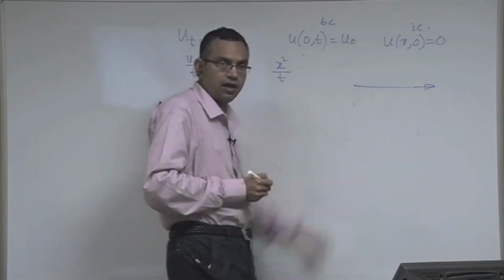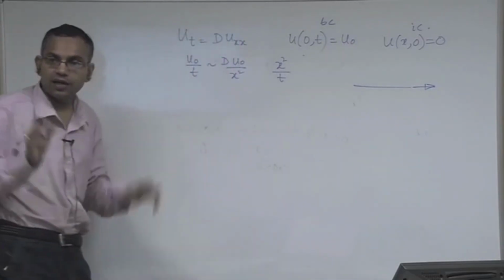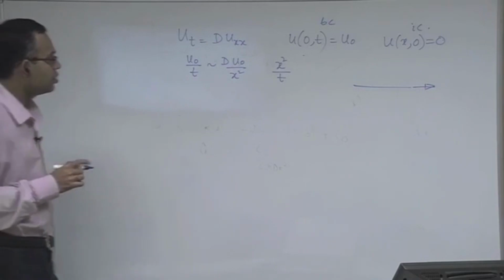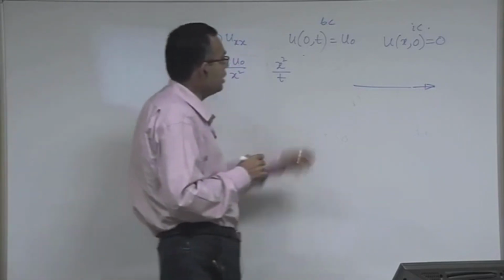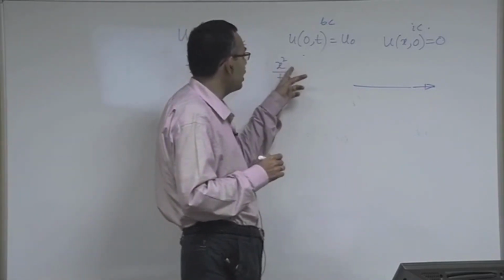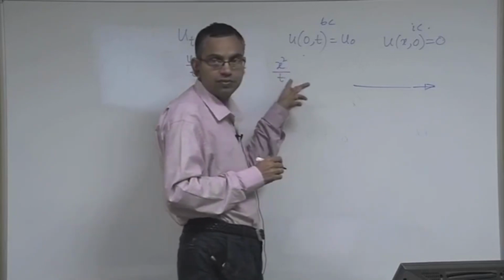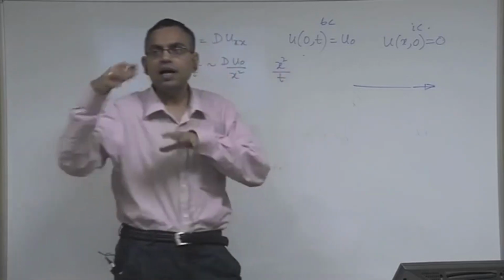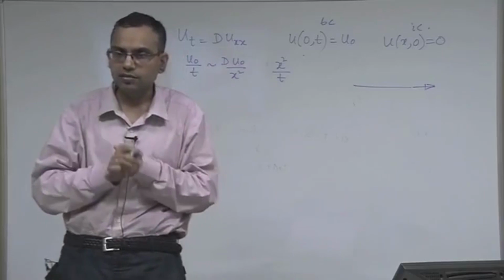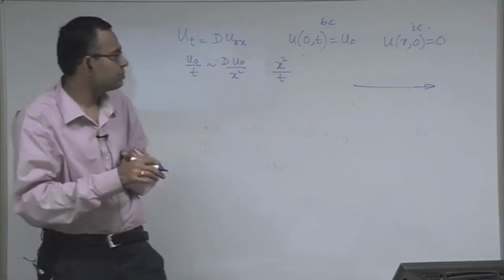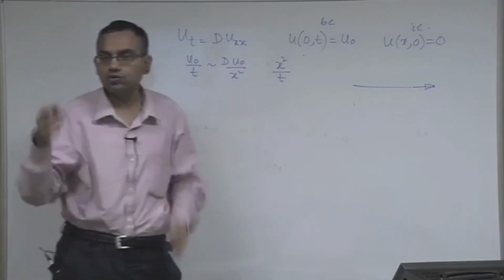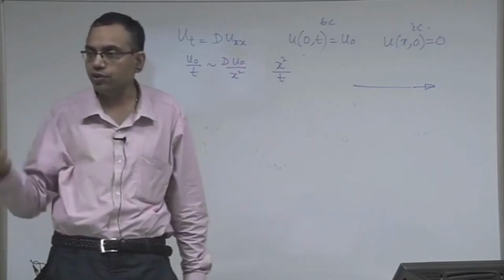The mathematical analogy is pretty clear. Earlier we had taken a similarity variable eta equal to x by square root of t with some additional adjusting terms, like maybe square root of nu t or 2 times square root of nu t, whatever.